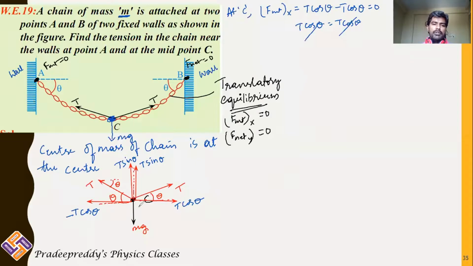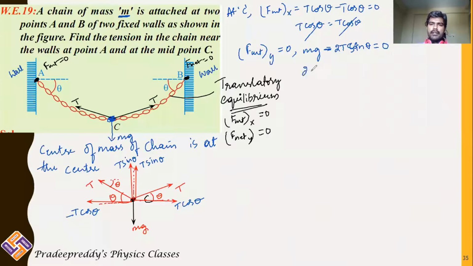And coming to the vertical, F net along the y direction is equal to 0. What are the forces acting along the y direction? Gravitational force is in the downward direction, mg, and upward forces are T sin theta plus T sin theta, which I am writing as 2T sin theta, and that is opposite, so I am taking it as minus, equal to 0.